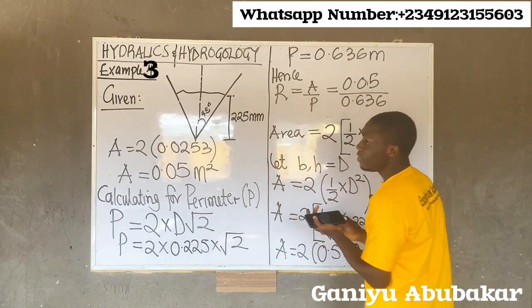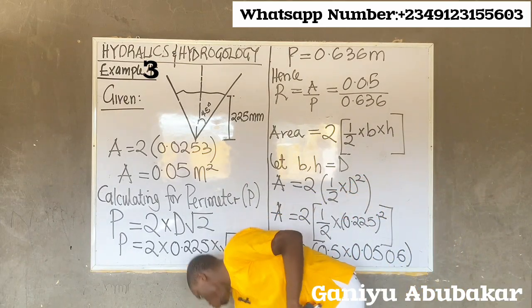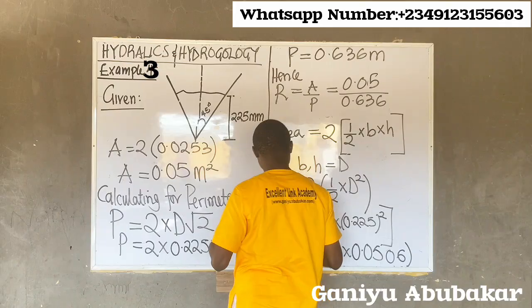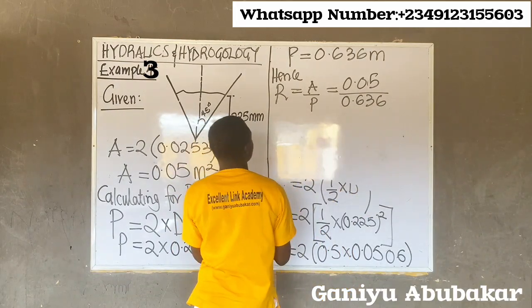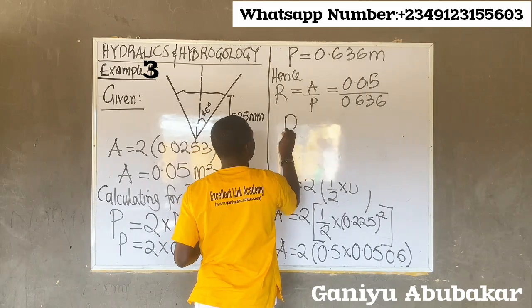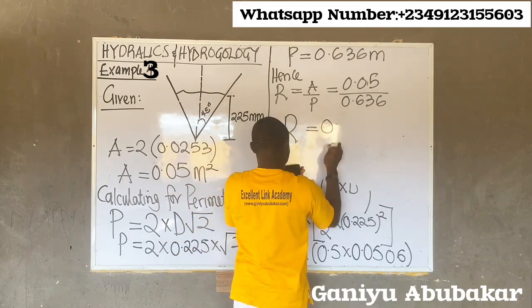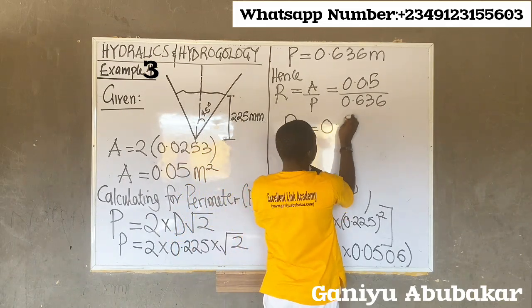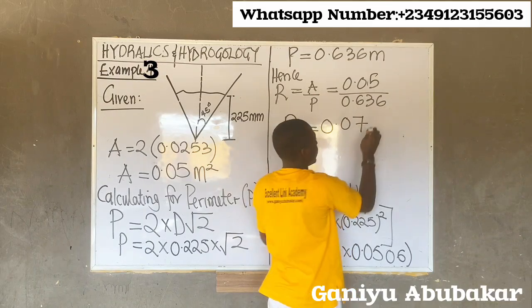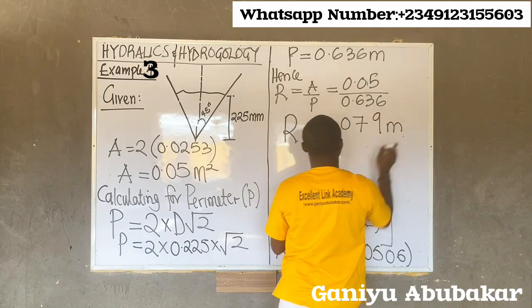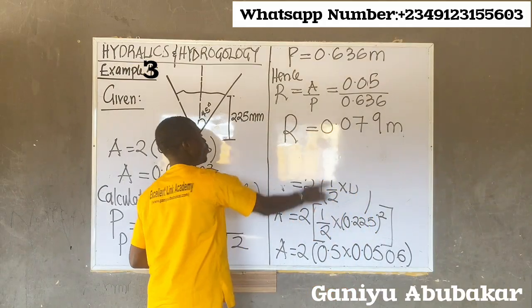Divide the two, what do we get? So your hydraulic radius R is approximately 0.09, meters. That's your R. I've gotten R.